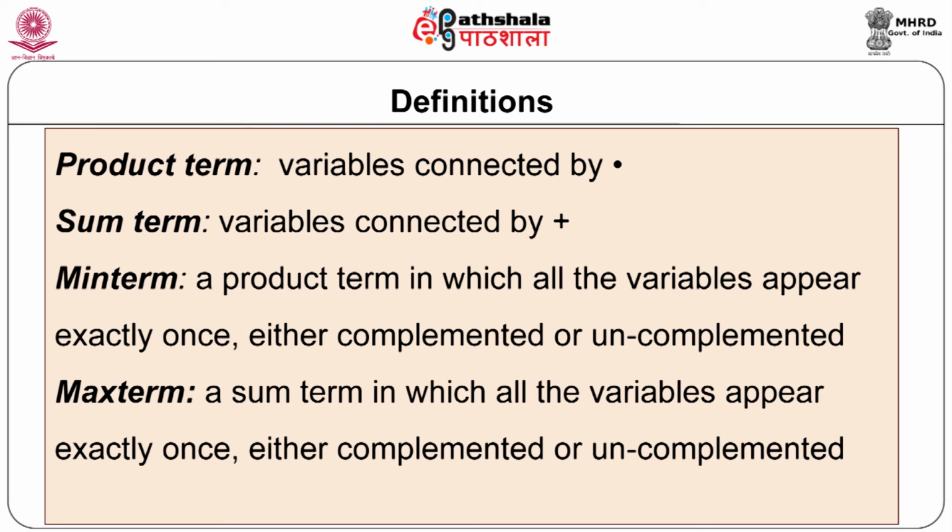A max term is a sum term in which all the variables appear exactly once, either in complemented or uncomplemented form. Thus, there is a difference between sum and max term, product term and min term.